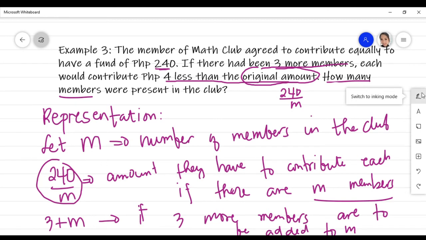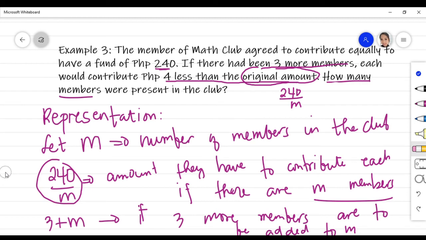In other words, we can have the equation, okay? Let's translate this. 4 less than the original amount. There's a word than, so translating that, 240 over m should be written first.